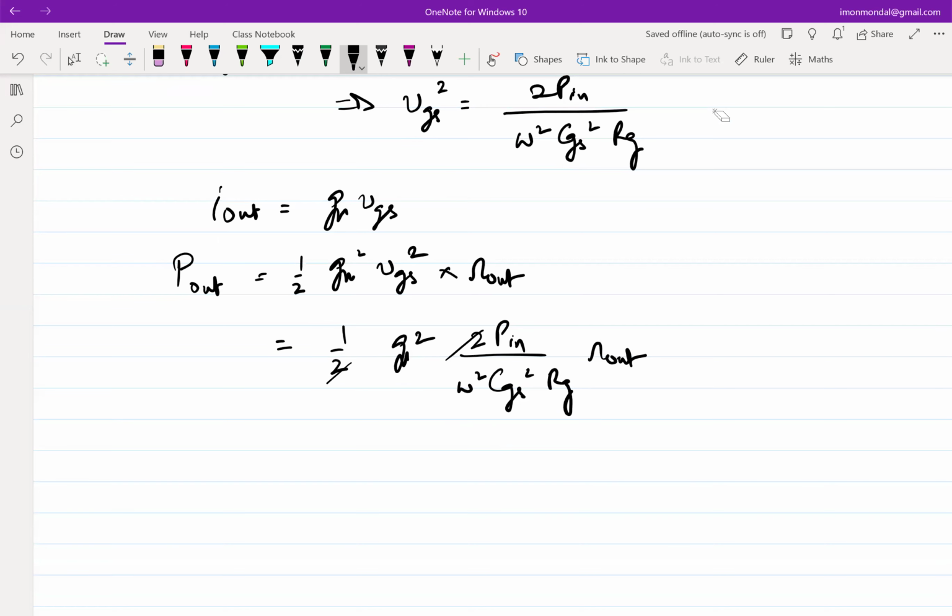So your P out over P in, this GM over CGS becomes omega T, so you get omega T over omega, whole squared, times R out over RG.